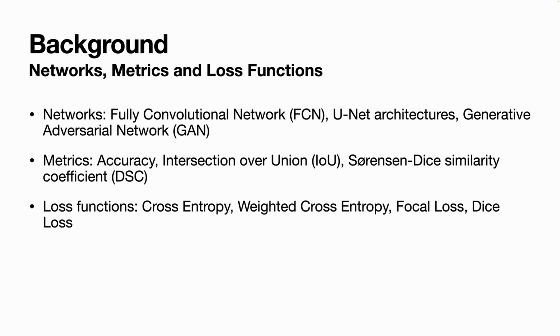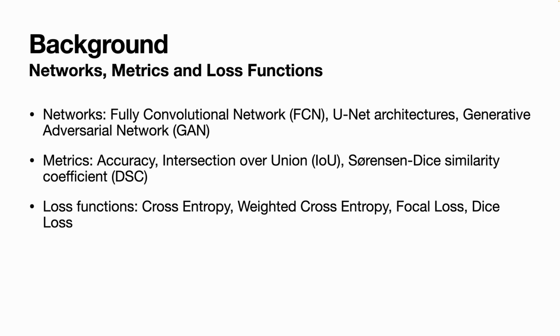And then there are common metrics used in segmentation tasks as well. They could be accuracy, IOU, or dice coefficient. Dice coefficient can be called dice score later on in this presentation.